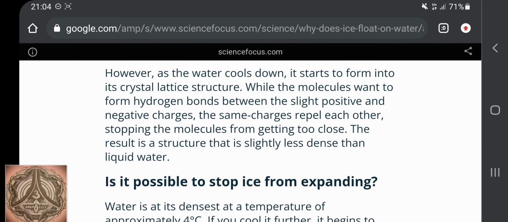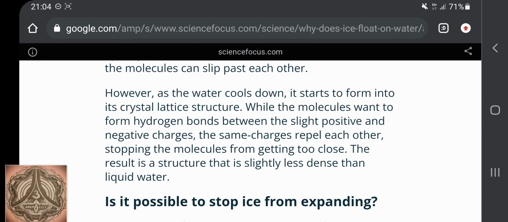So, what makes ice float is basically the repellent force or the repellent reaction of similarly charged little things called atoms in the water.